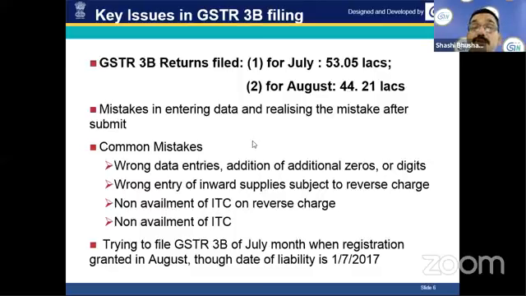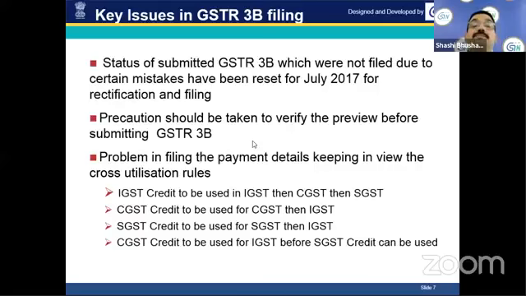They have to include their liabilities in the return of GSTR 3B. So such taxpayers should not worry if the month of July is not visible in their GSTR 3B.